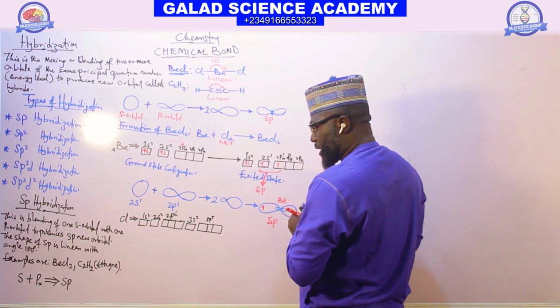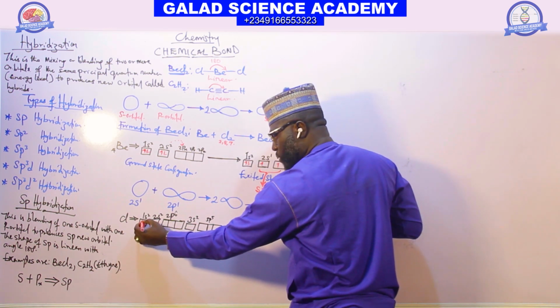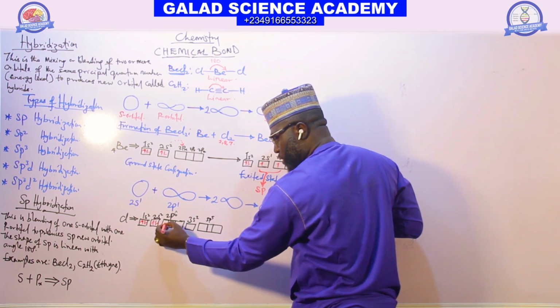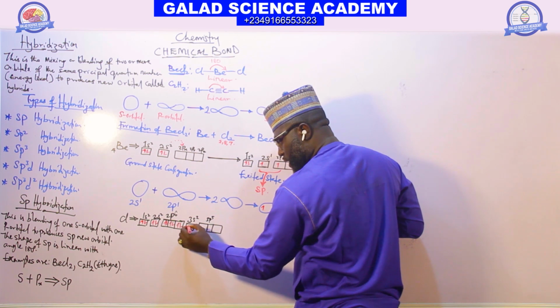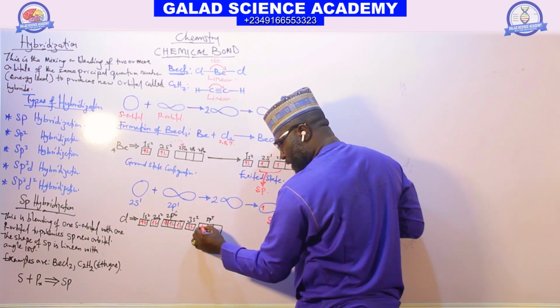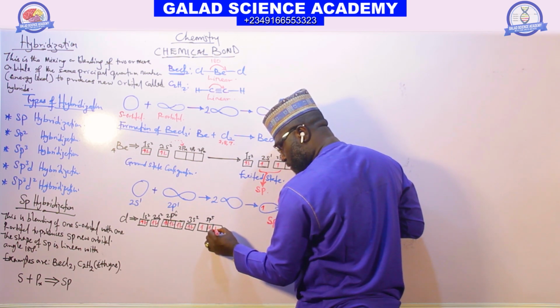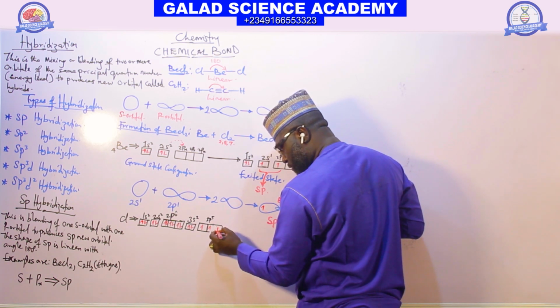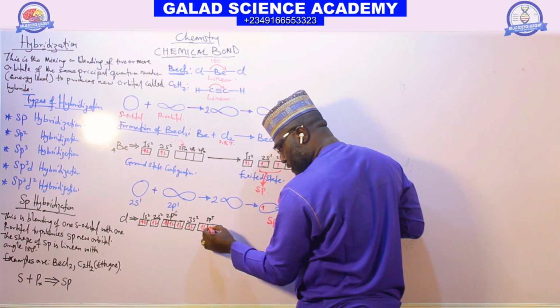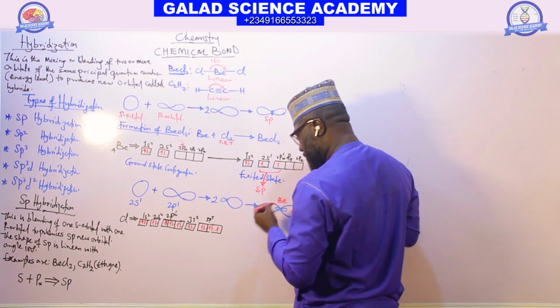Let me put the electrons there: 1, 2, 3, 4, 5, 6, 7, 8, 9, 10, 11, 12, 13, 14, 15, 16, 17.